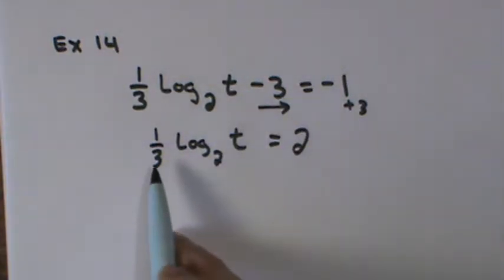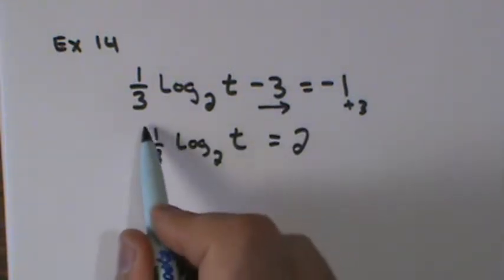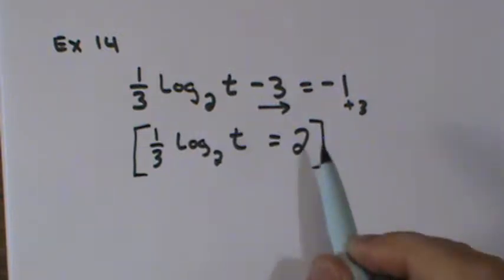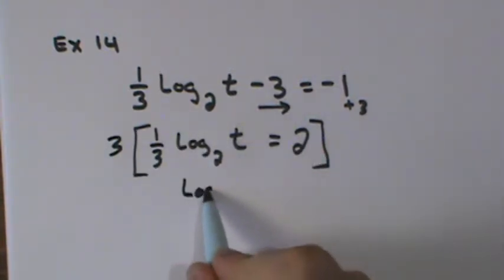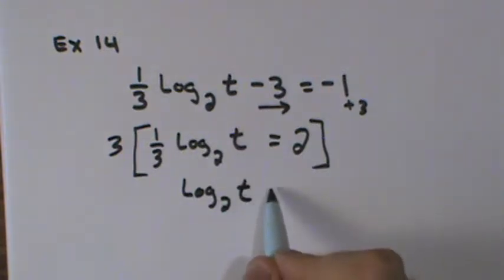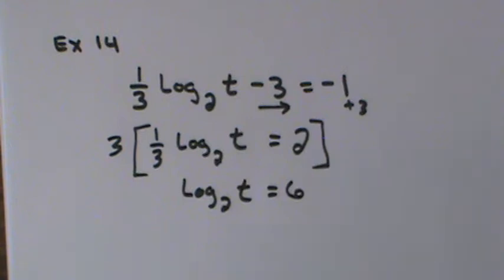Now my next step, I can deal with this multiplication. It says 1/3 times the log, so I can get rid of it through regular multiplication. I can just multiply by 3. Fraction disappears. I get log base 2 of t equals 3 times 2 is 6.